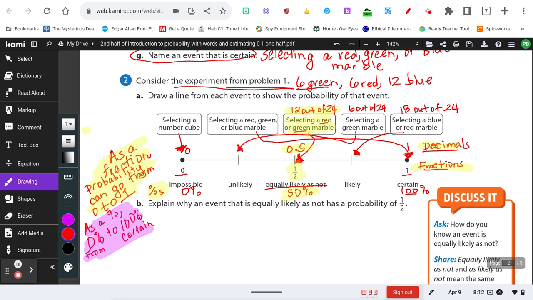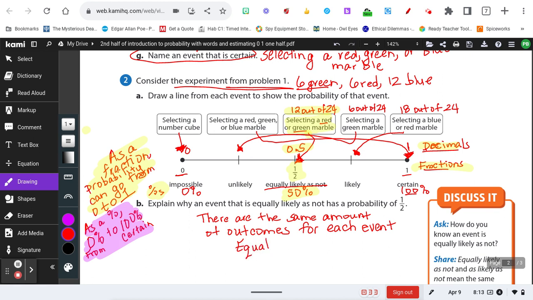When you've got equal parts, equal outcomes, or a 50-50 chance of getting either one of them.